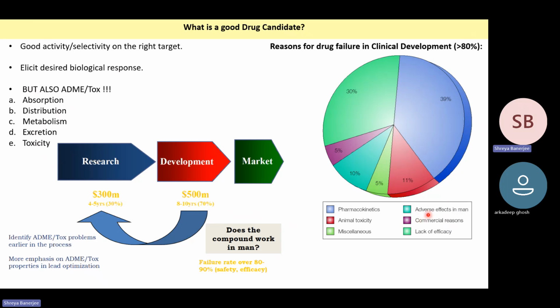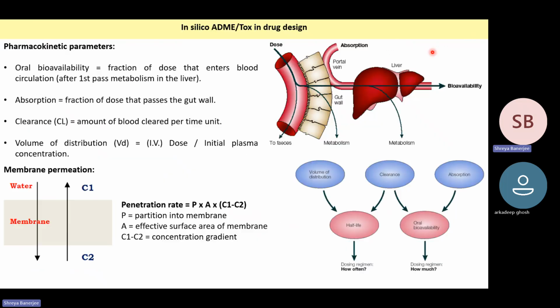It can show different adverse side effects. The pharmacokinetics can be a problem. So this is basically pharmacokinetics. Suppose the drug is not getting metabolized, it is accumulating in the body. That is a problem. There can be commercial problems, like the drug is too expensive to be available to common people. Or there can be different other miscellaneous problems which result in the failure of a drug in clinical development.